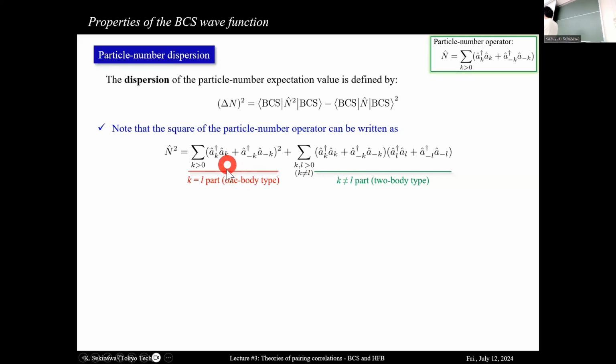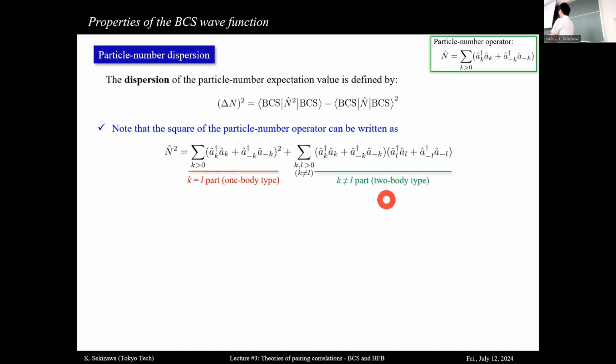I mean, we have two operators, n hat and n hat, and then we have two indices, k and another index. And then there are two possibilities: both operators in the parentheses have the same index or different indices. So I just explicitly wrote the k equals l part and the k not equal to l part.